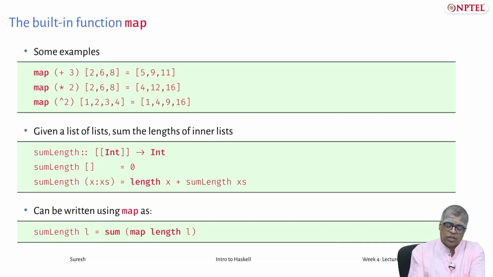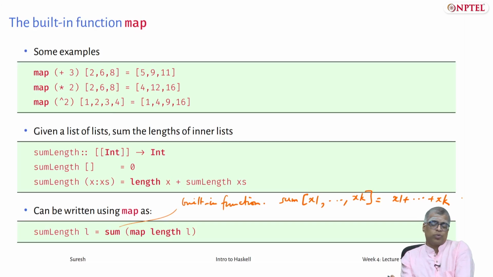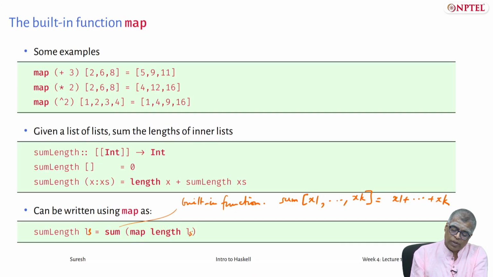Sum length of L is nothing but sum of map length L. Okay, sum is a built-in function, or rather a standard library function. Sum of x1 dot dot dot xk is nothing but x1 plus dot dot dot plus xk. And you are mapping length over L. So it's better to write ls.